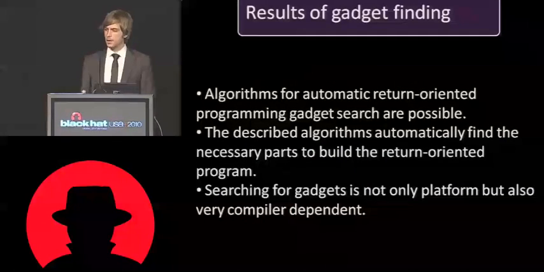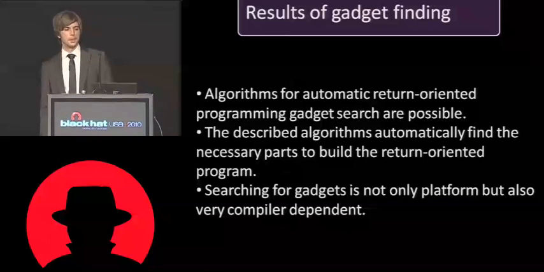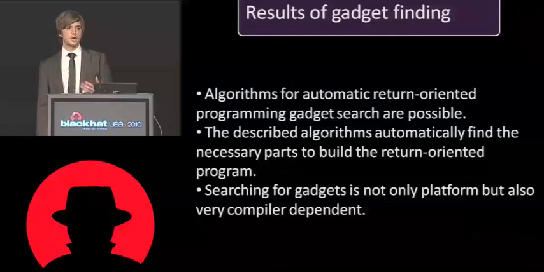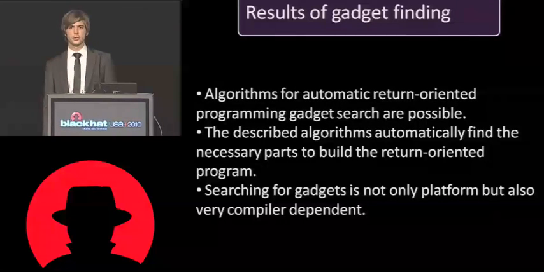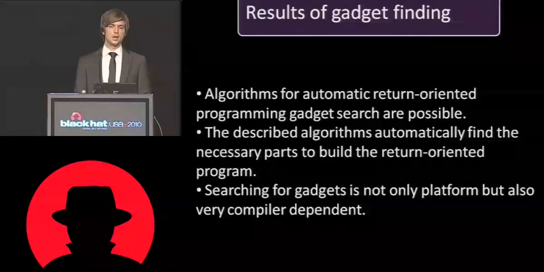Okay, what I have shown you in the last 15 minutes is that algorithms which automatically extract gadgets platform independently for return-oriented programming are feasible and possible. So you can work with those algorithms by using RILE on multiple platforms, and you will get usable results.